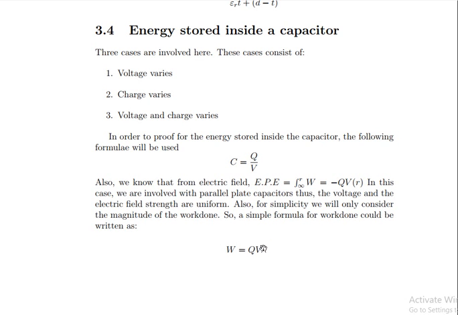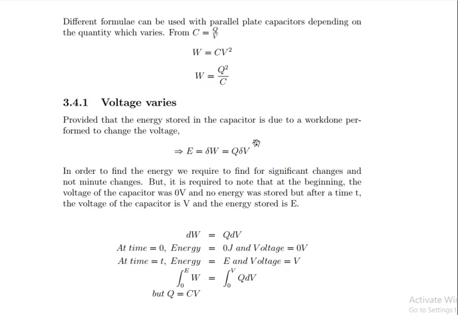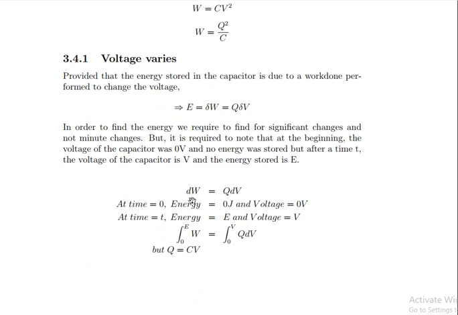So it implies that the work done will be equal to the charge times the voltage. Now if there is a change in the work done, it implies that there's going to be a change in the charge or in the voltage. Provided that the voltage varies and not the charge, the change in the work done is going to be due to a change in the voltage. So now dW is going to be equal to Q dV.